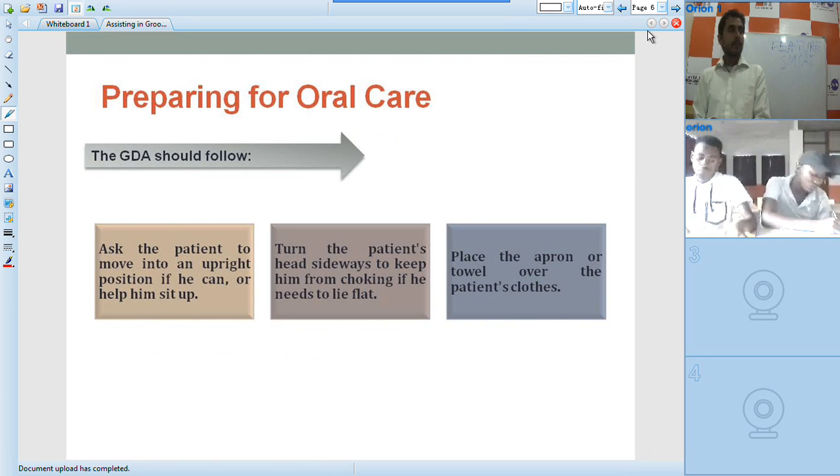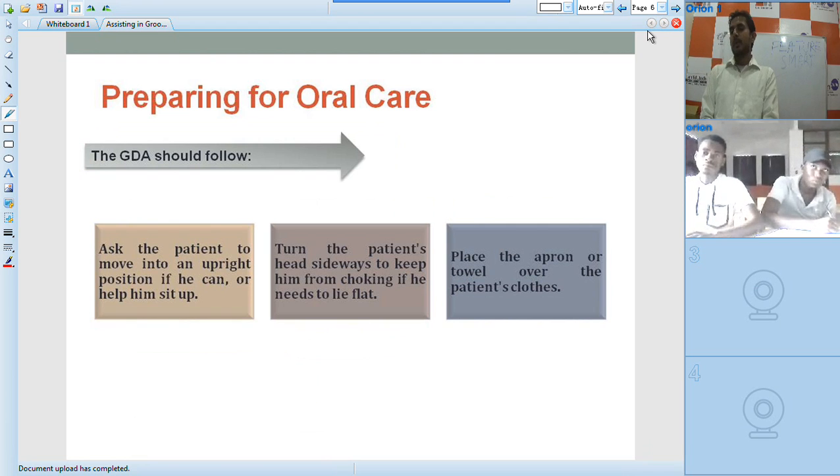The GDA must follow these steps while preparing the patient for oral care. Ask them whether they can move into an upright position or not.